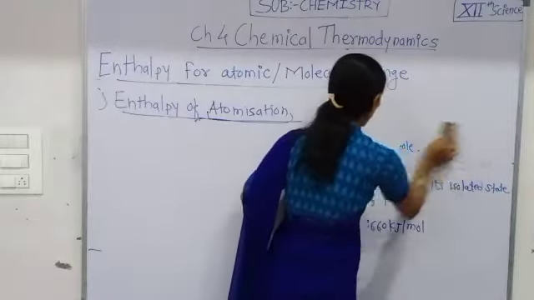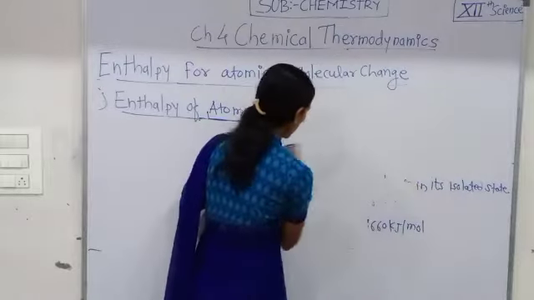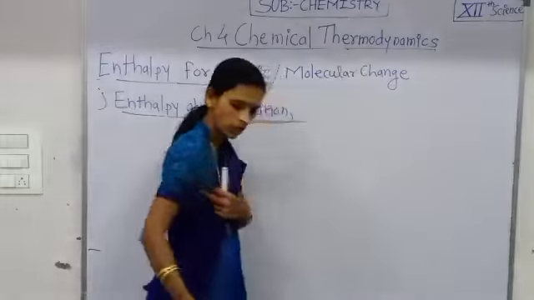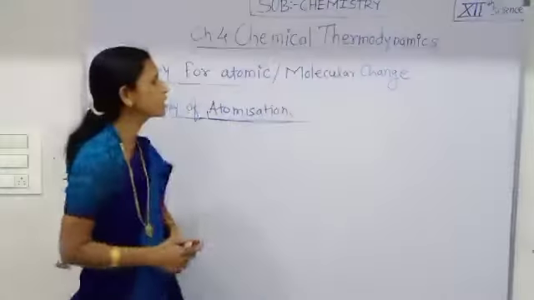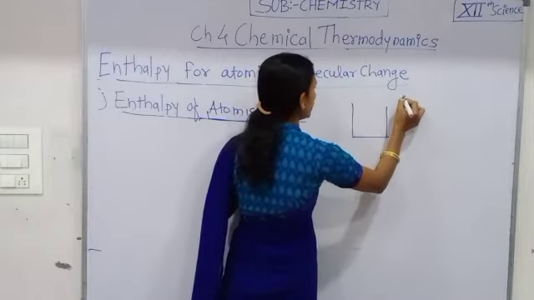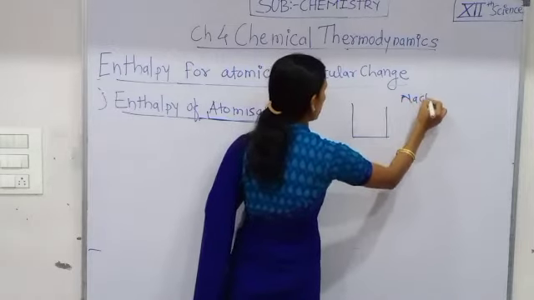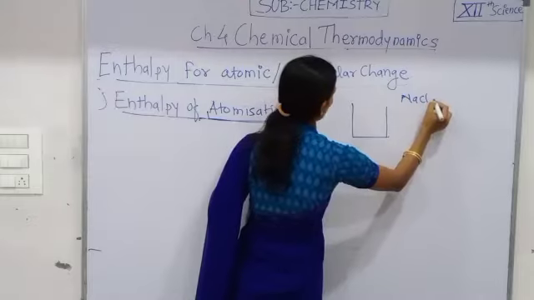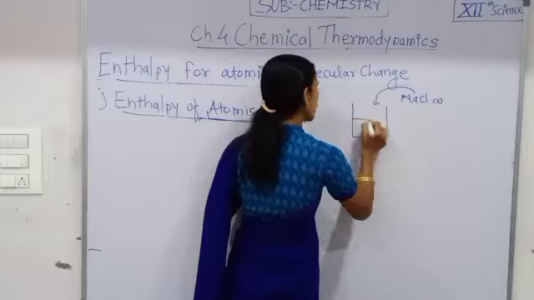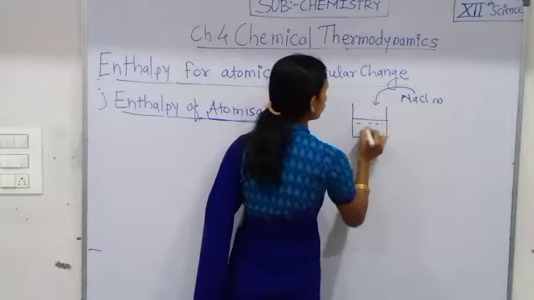Solution formation takes place when a solute is dissolved in a specific amount of solvent. For example, NaCl, a substance in solid state, is dissolved in a given amount of solvent.